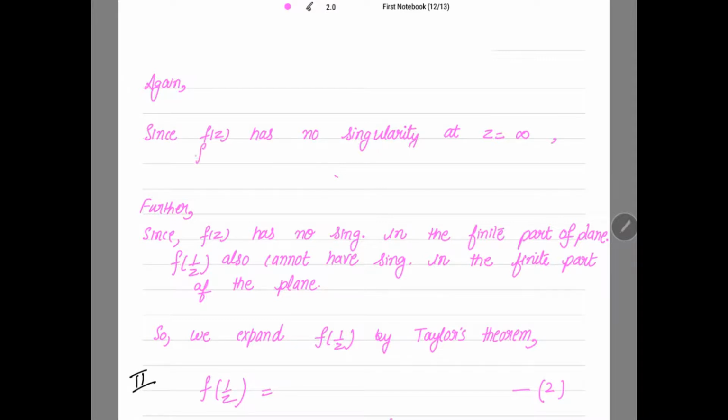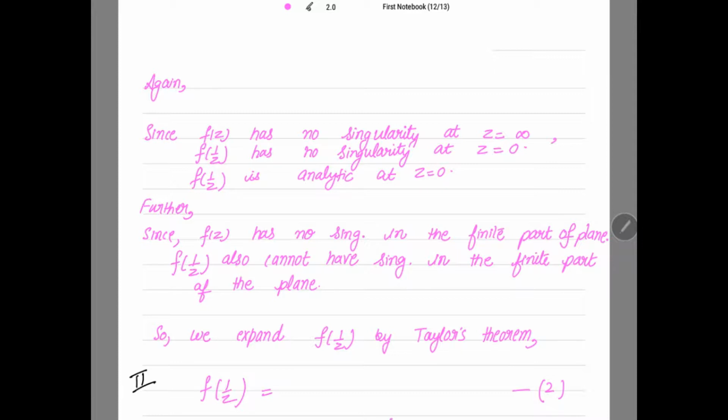Okay, so f of 1 by z has no singularity at z equal to 0. Now can I say that f of 1 by z is analytic because it has no singularity at z equal to 0? Alright, now it's clear to you.